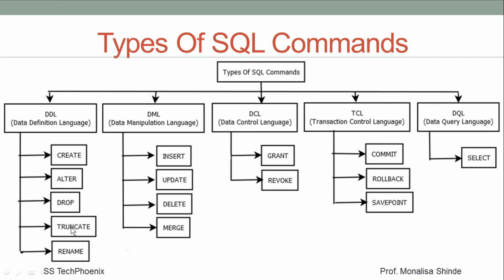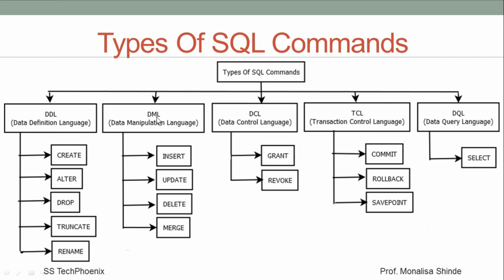Truncate is the command to delete only the rows, meaning all the data from that table will be deleted, but the structure of the table will remain in the database. Next is the rename command. Sometimes we may give an unmeaningful name to the table, and if we want to change that name, we can use the rename command. So these are the commands which mainly deal with the structure of the table.